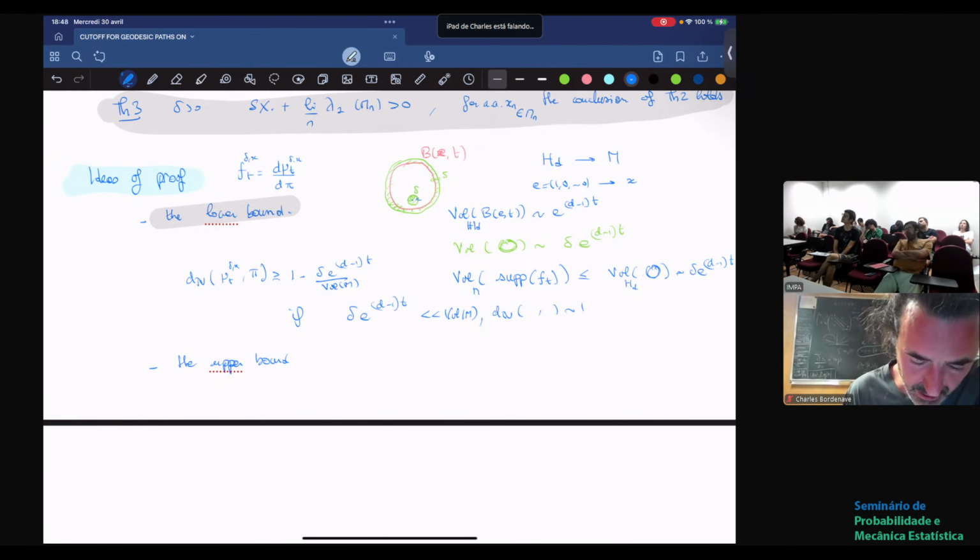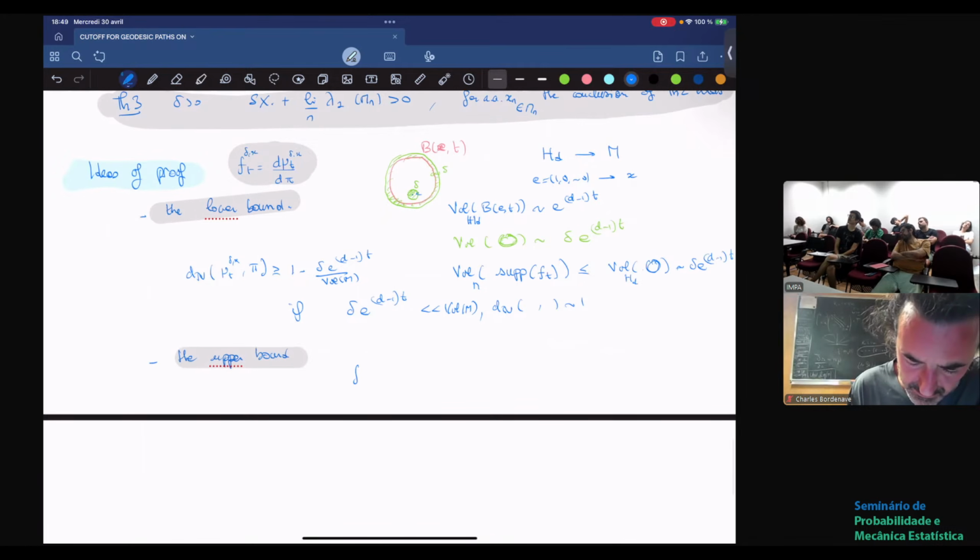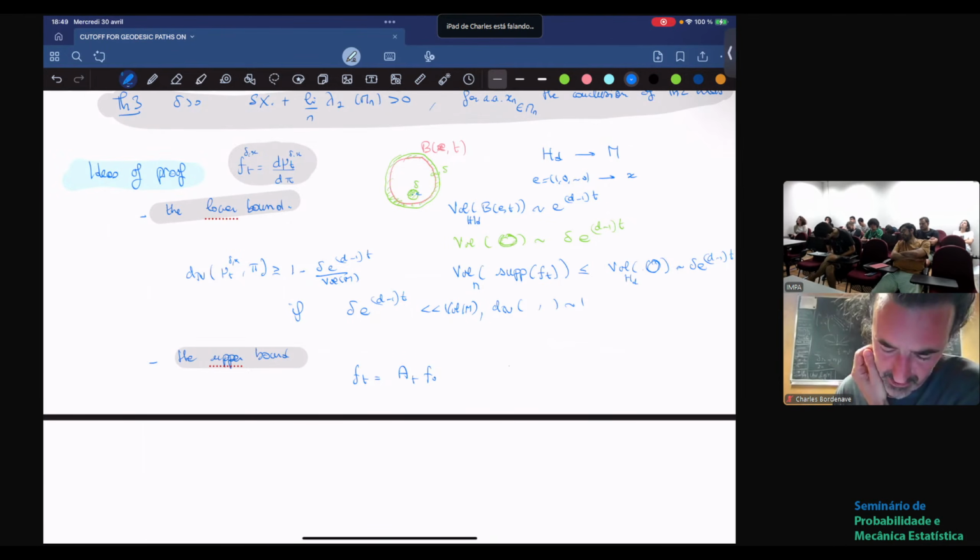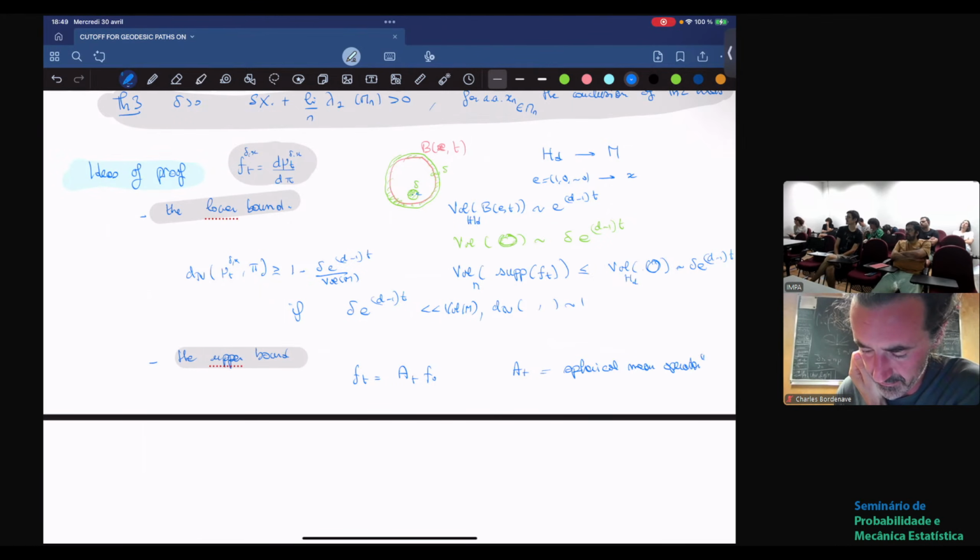So F_t is the density at time t, with respect to my equilibrium measure, of the law of my process. It's the image by some operator of the density at time 0, and this operator is called the spherical mean operator.